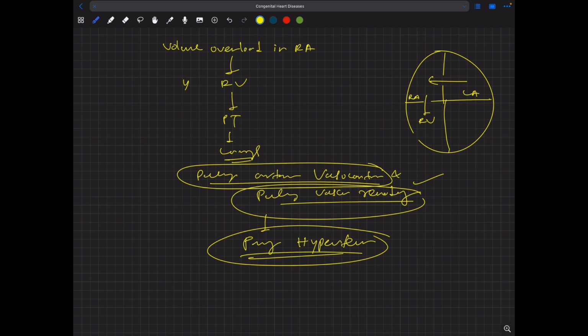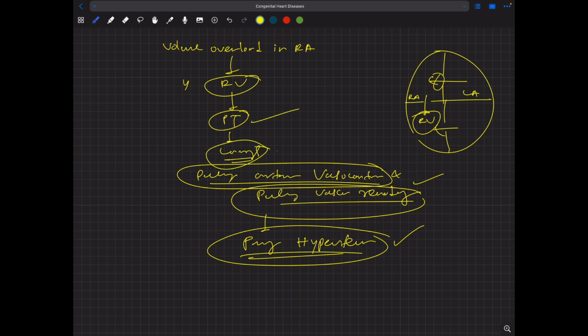Suppose one patient has ASD, he will develop pulmonary hypertension many years later. Suppose one has VSD, a ventricular septal defect, larger than the ASD, and now there is volume overload in the right ventricle. That will lead to volume overload in the pulmonary trunk.